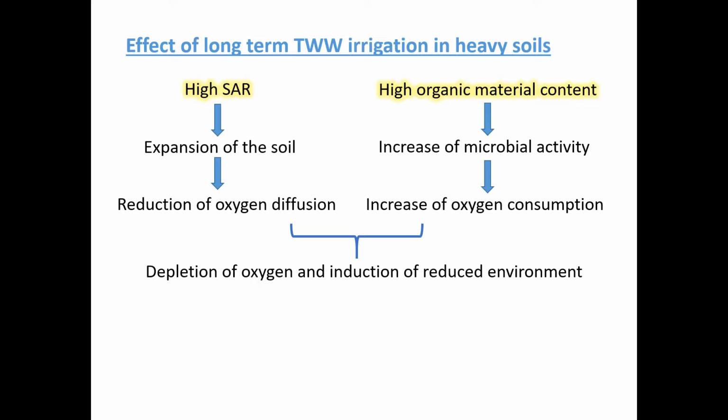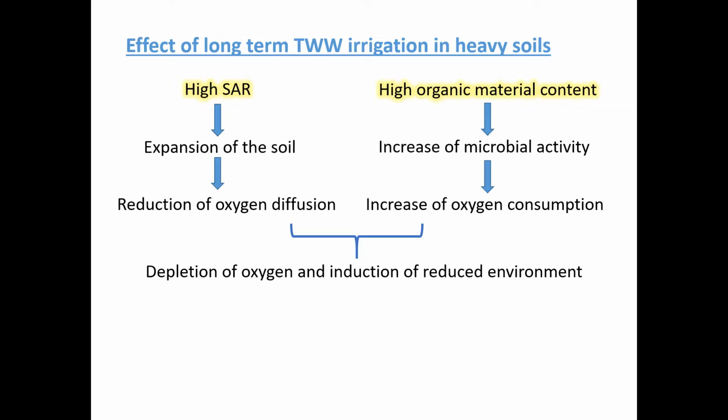At the same time, high organic material content in the water increases microbial activity. Microorganisms use oxygen for their respiration, and therefore, from these seemingly unrelated processes, what we get at the end is a depletion of oxygen in the rhizosphere, in the root zone.